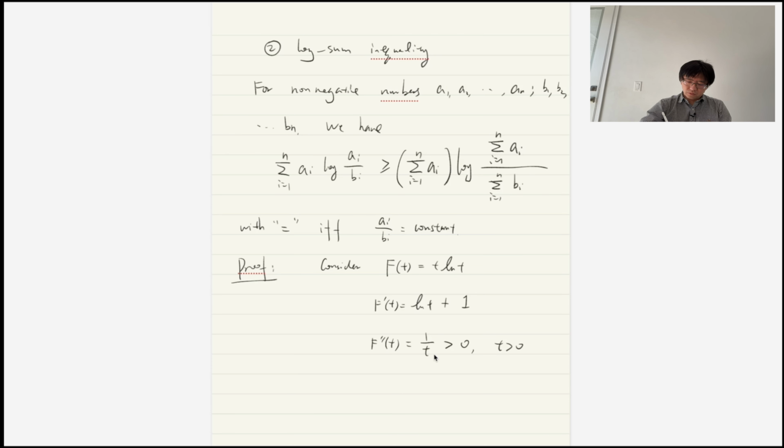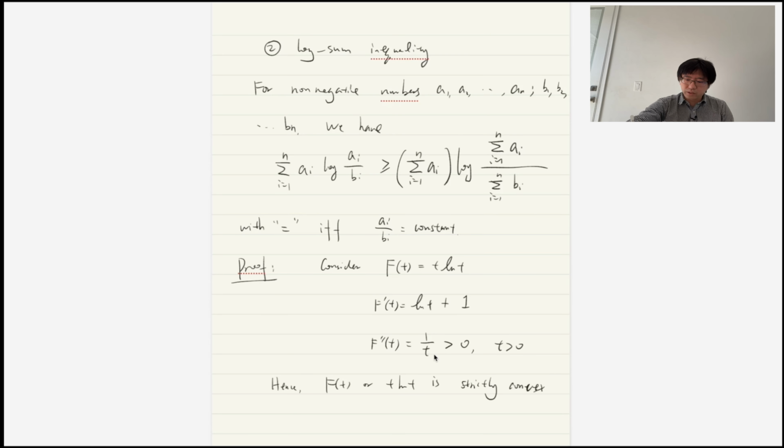Okay, so from here we can conclude that f(t), or basically just t ln t, is strictly convex.